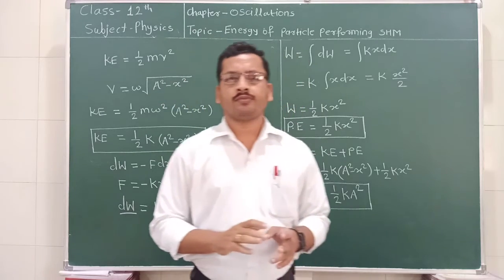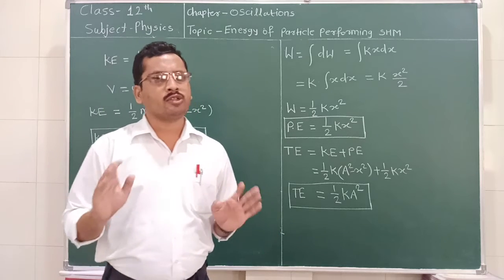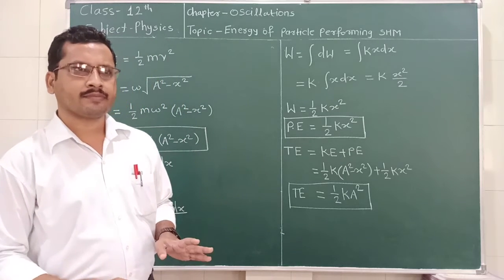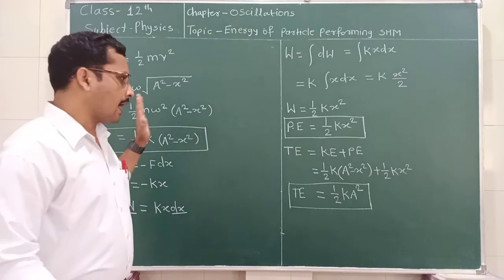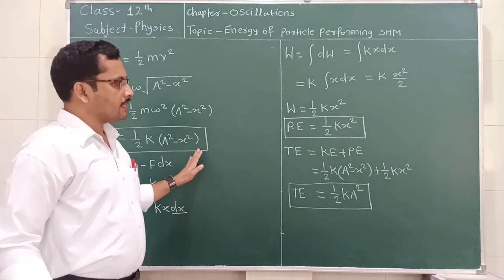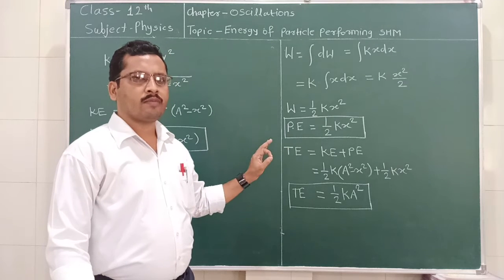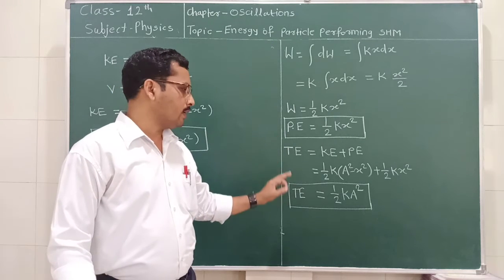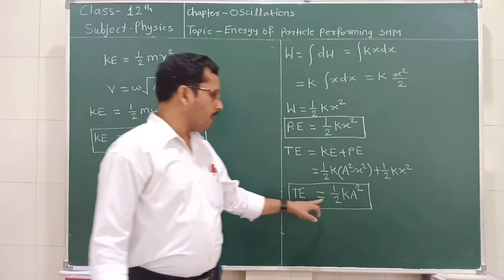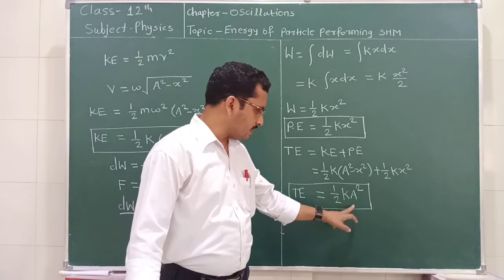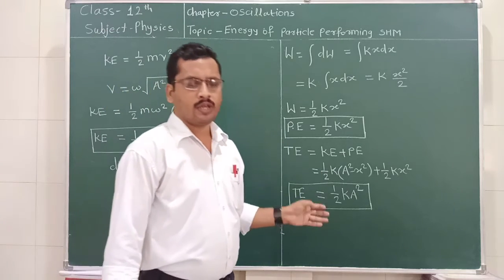As we know that the total energy of any system remains conserved, the potential energy can be converted into kinetic energy, and the kinetic energy can be converted into potential energy, but the sum of the energies, that is the total energy, always remains constant, equal to 1 by 2 k a square, where a is nothing but the amplitude of the simple harmonic motion.